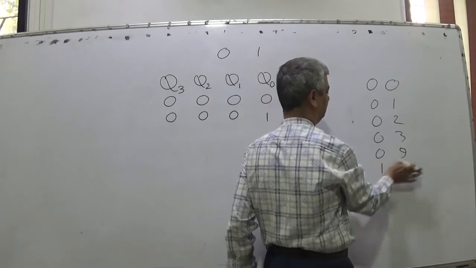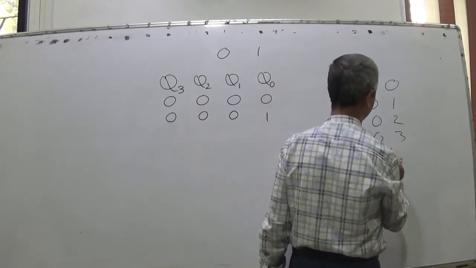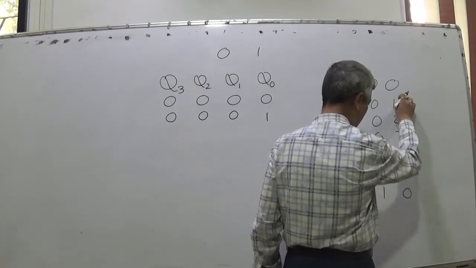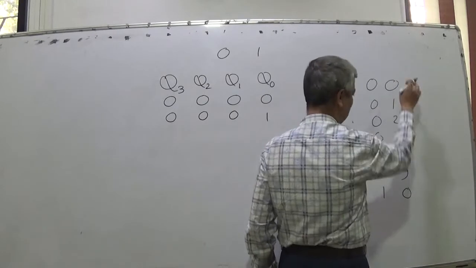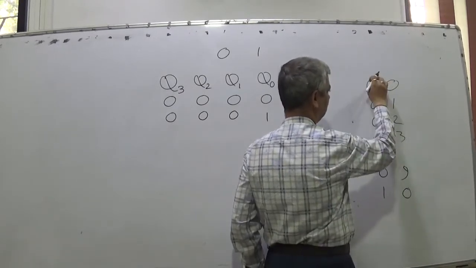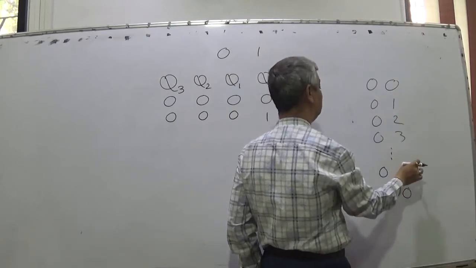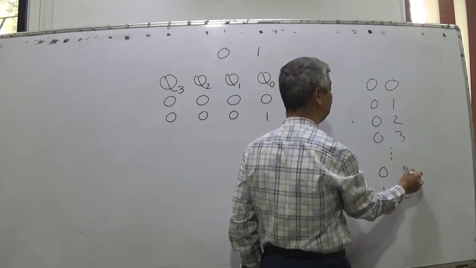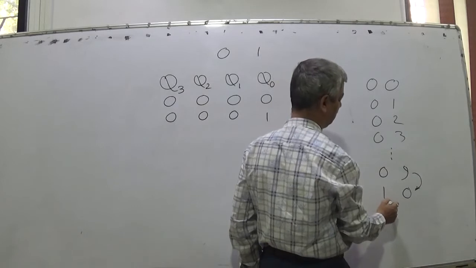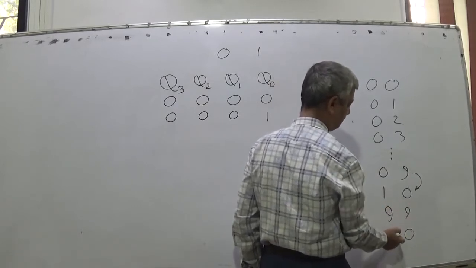In the decimal system, there are 10 combinations, 0 to 9. When it comes back from 9 to 0, there is overflow and the next digit is made 1. Similarly it goes up to 99, and after 99 it becomes 0 and this also becomes 0.